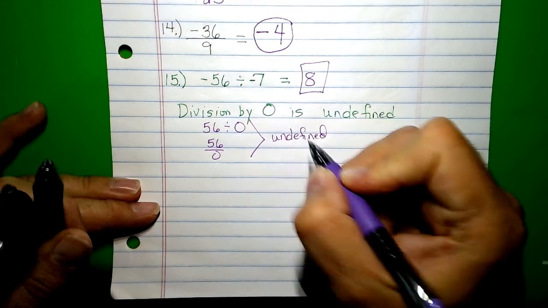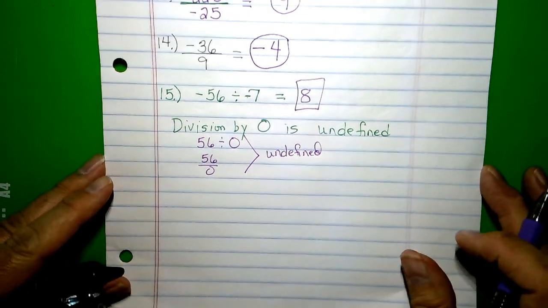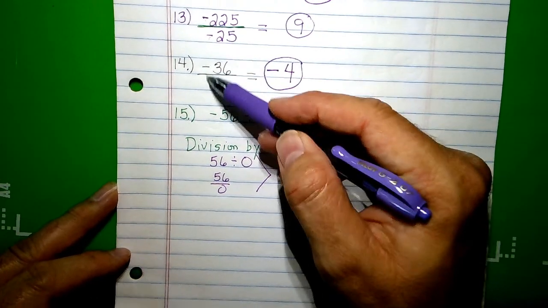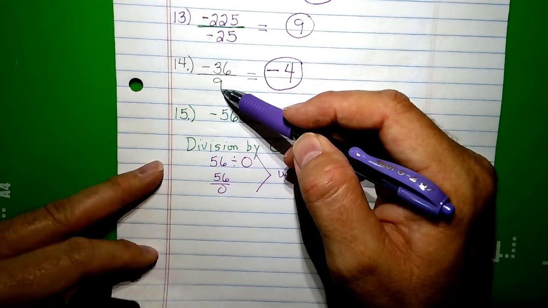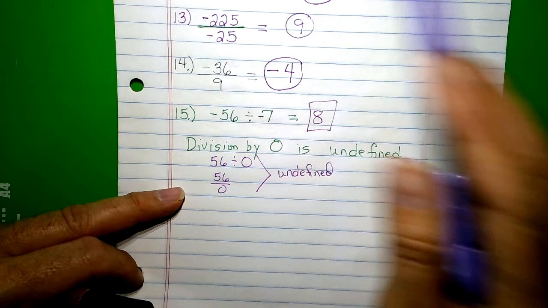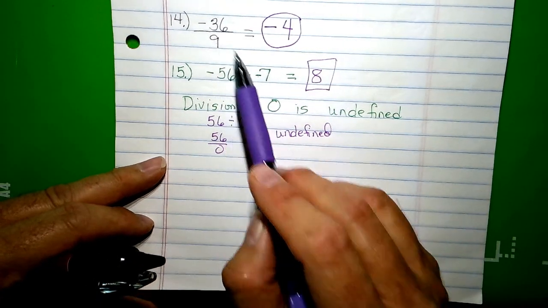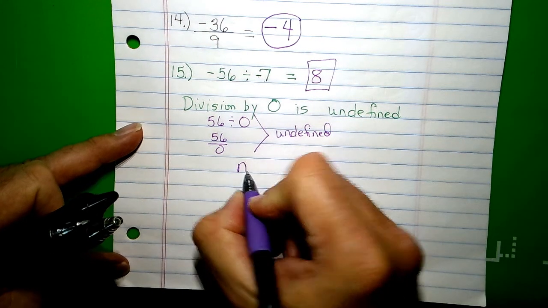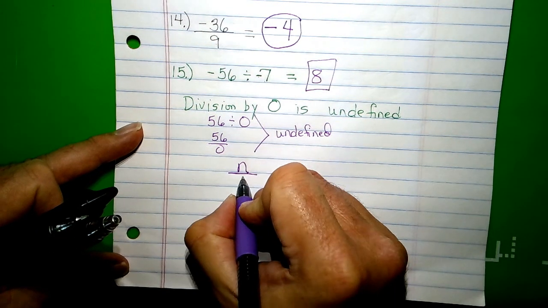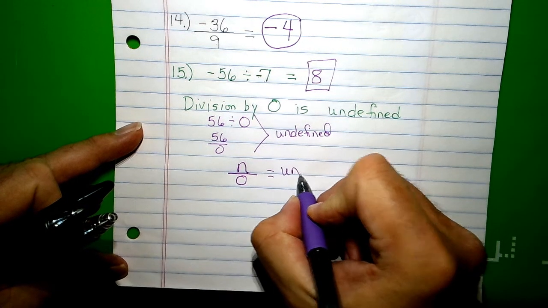And I'm mentioning this because sometimes in my math lab, when you have a problem like this, it might give you the option to write undefined as the answer. The only way a division would be undefined is if the second number was 0. If you write it like this, a number over 0, undefined.